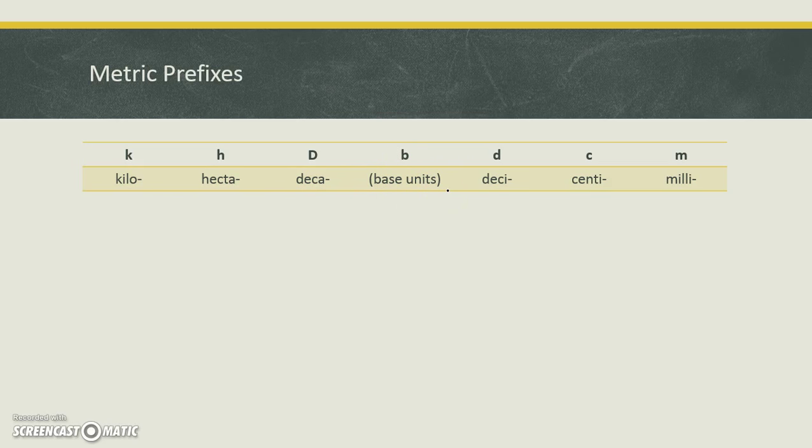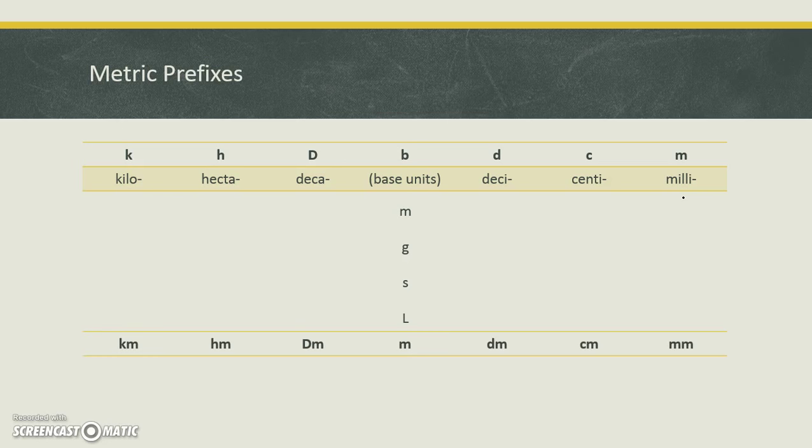Now, when you have your base units there's going to be just a single letter. It'll be meters, grams, seconds, liters, and there's other base units that you could have there. But if it's just a single letter, it falls underneath the base units. And then you have deci, lowercase d, centi, lowercase c, and milli, lowercase m.